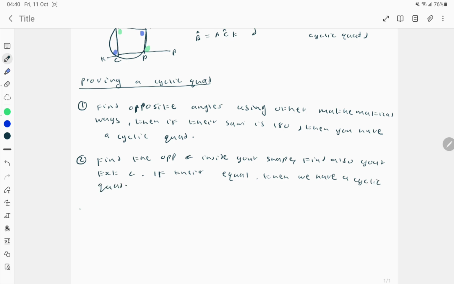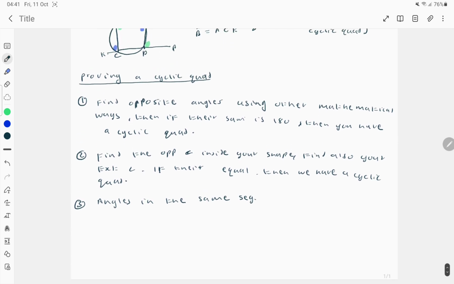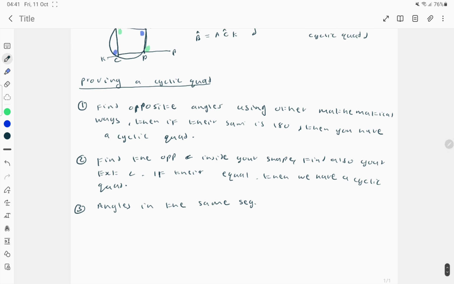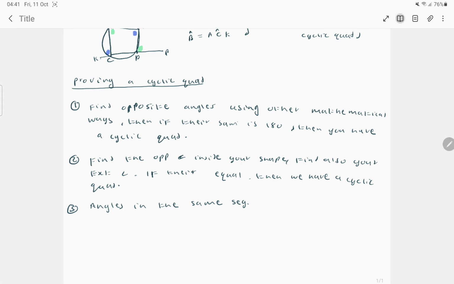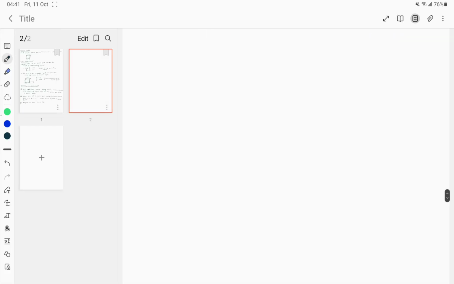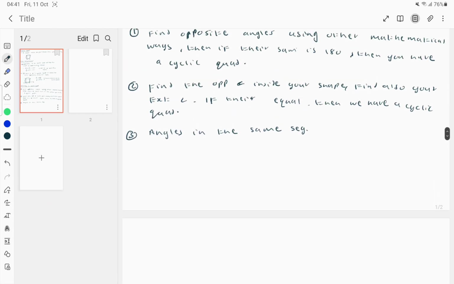Okay, another way to prove that something is a cyclic quad is to prove angles in the same segment. So you're going to find the value of your angles using other ways, and if your angles are equal, then we have angles in the same segment, then you have a cyclic quad.